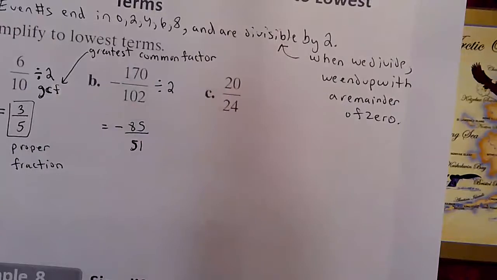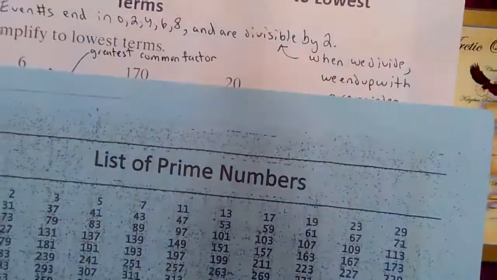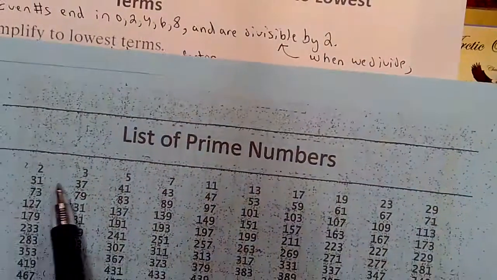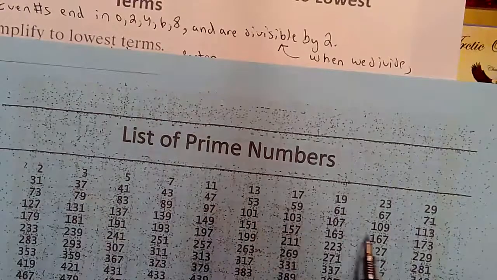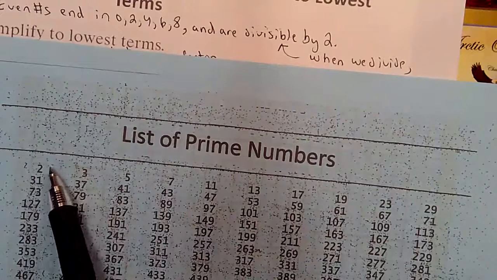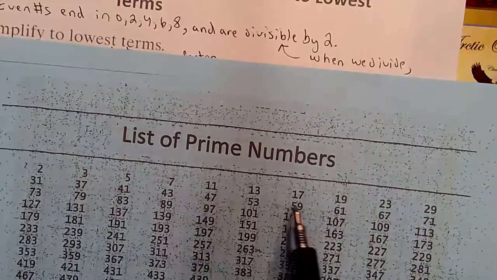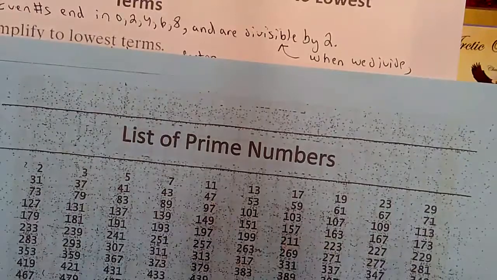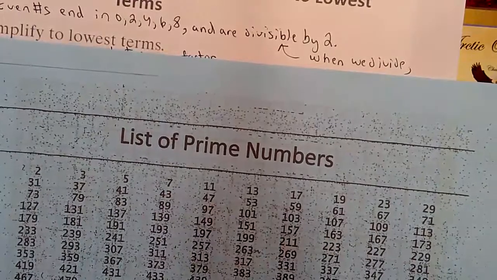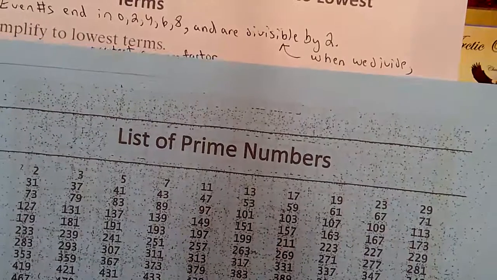If we try 3, and usually when I try to reduce numbers, I usually exhaust the first 2 rows of prime numbers. Once we exhaust the first 2 rows, if there isn't a common divisor among them, then usually that probably can't be reduced.